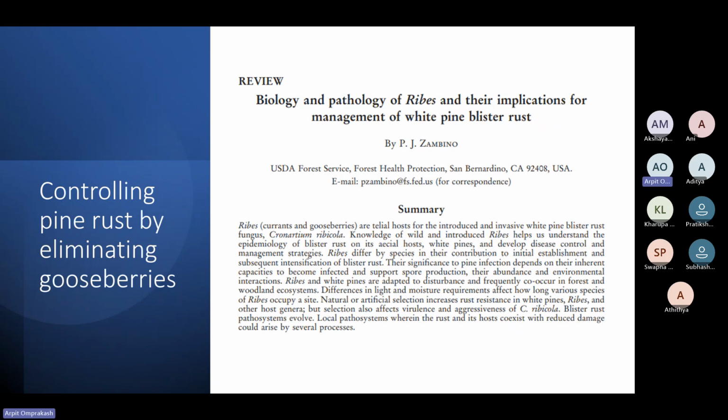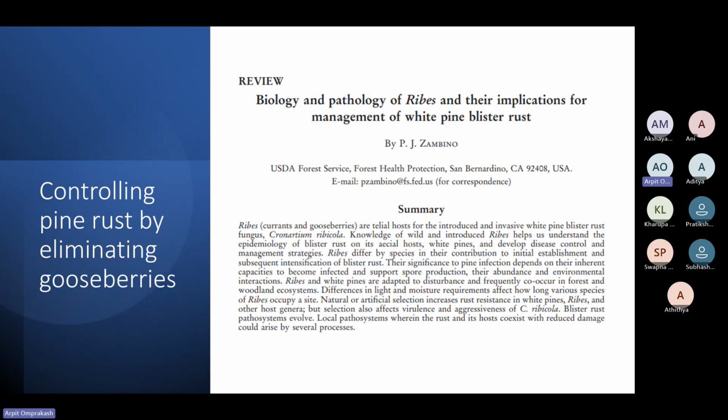If we know about the biology and the life cycle of pests and other pest organisms, we can control their numbers.